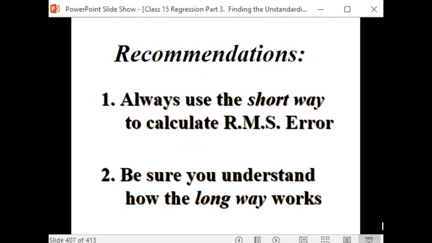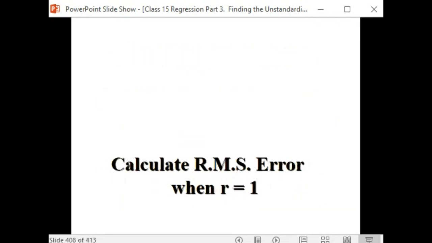Okay, now before we finish, here's something interesting. I'd like you to calculate the root mean squared error of the prediction when the correlation between the two variables is equal to 1. Just do the calculations, but don't raise your hand yet or call out the answer. I want everybody to work this out, and I'll give you, let's say, 1 minute.